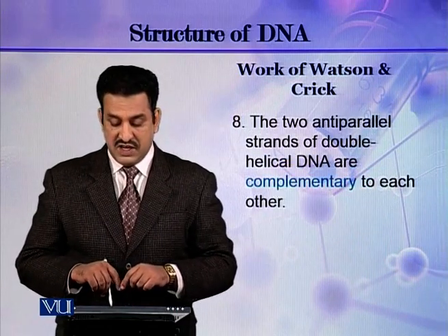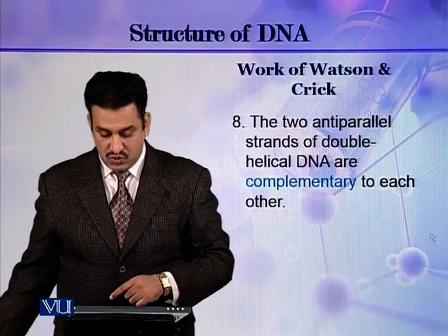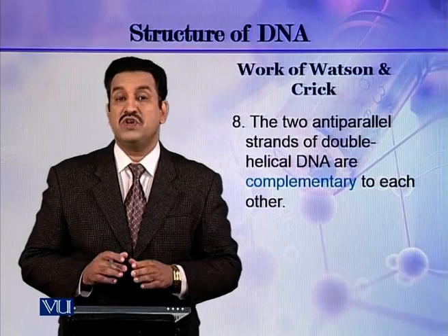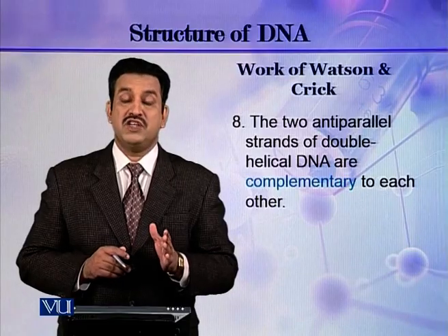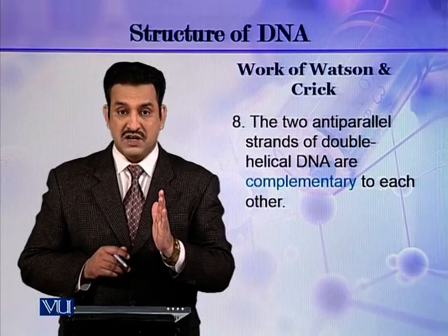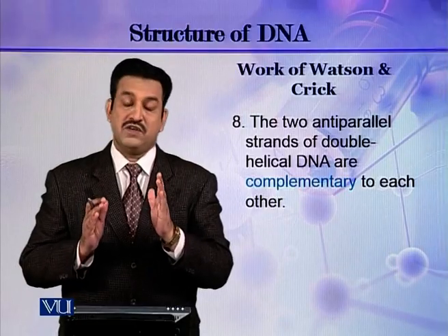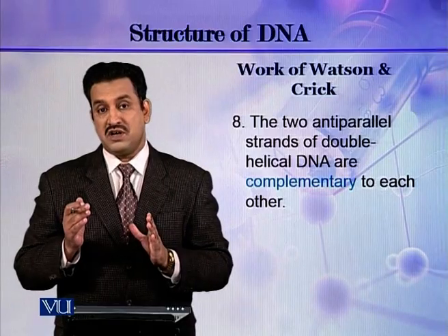Finally, they also described that the two anti-parallel strands are complementary to each other. This means if A is present in one strand, T will be present in the other strand. And if G is present in one strand, C will be present in the other strand.